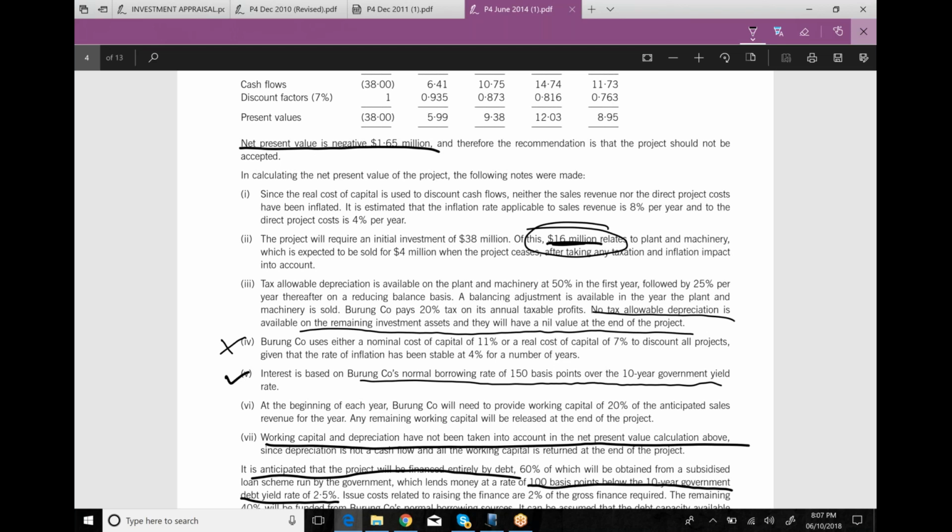So I just need the 10-year government yield rate. 150 basis points means 1.5%, right? So if you know the 10-year government yield rate, you will increase it by 1.5%. That will give you Burung company's normal borrowing rate.